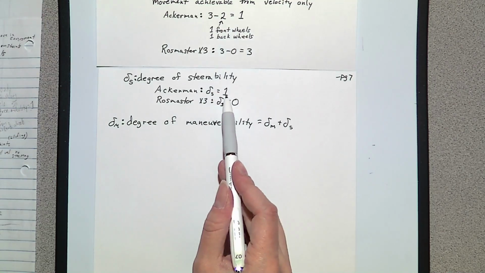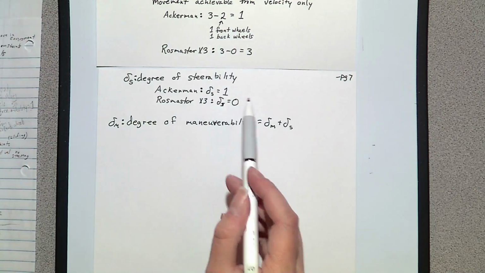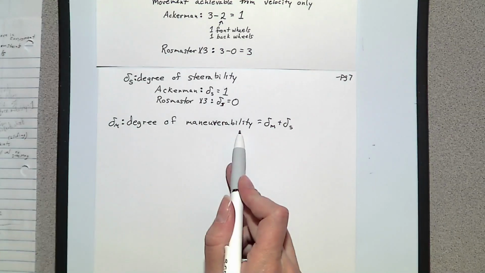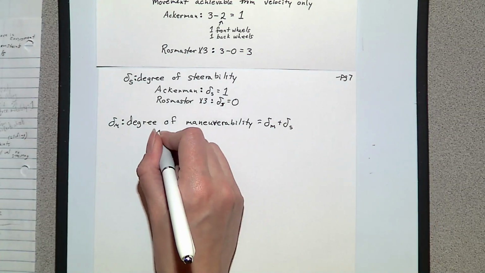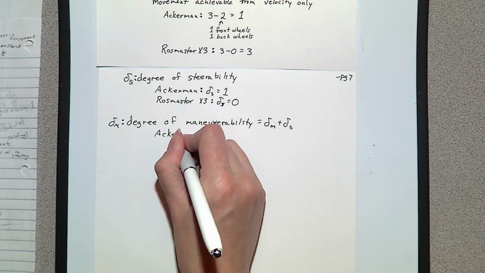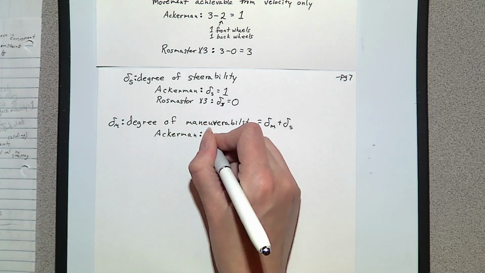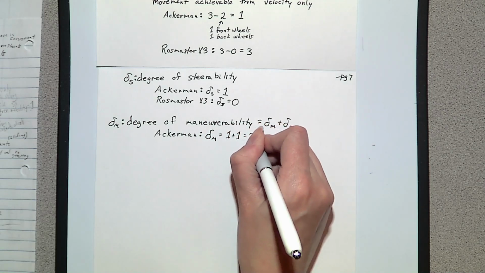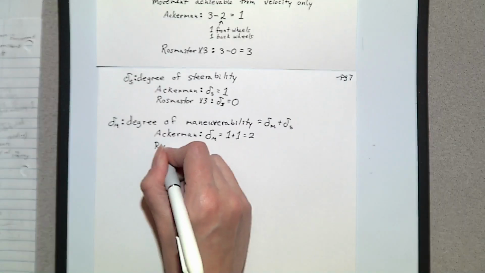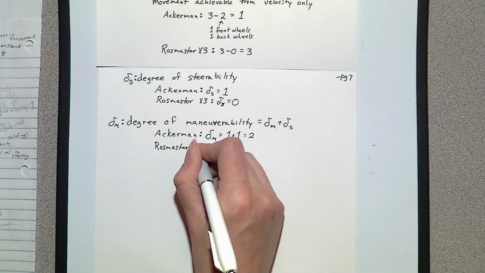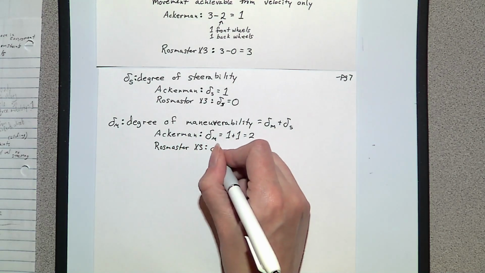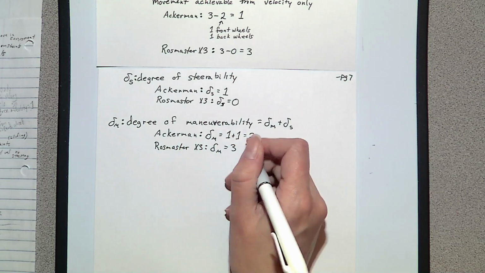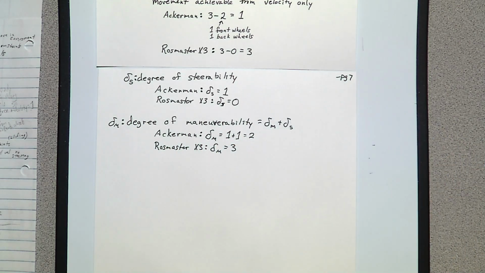Adding in a degree of steerability increases our maneuverability some. So for our Ackermann, delta M is 1 plus 1, which is 2, and our Rosmaster is 3. So basically what this describes is the overall degrees of freedom that we can manipulate.